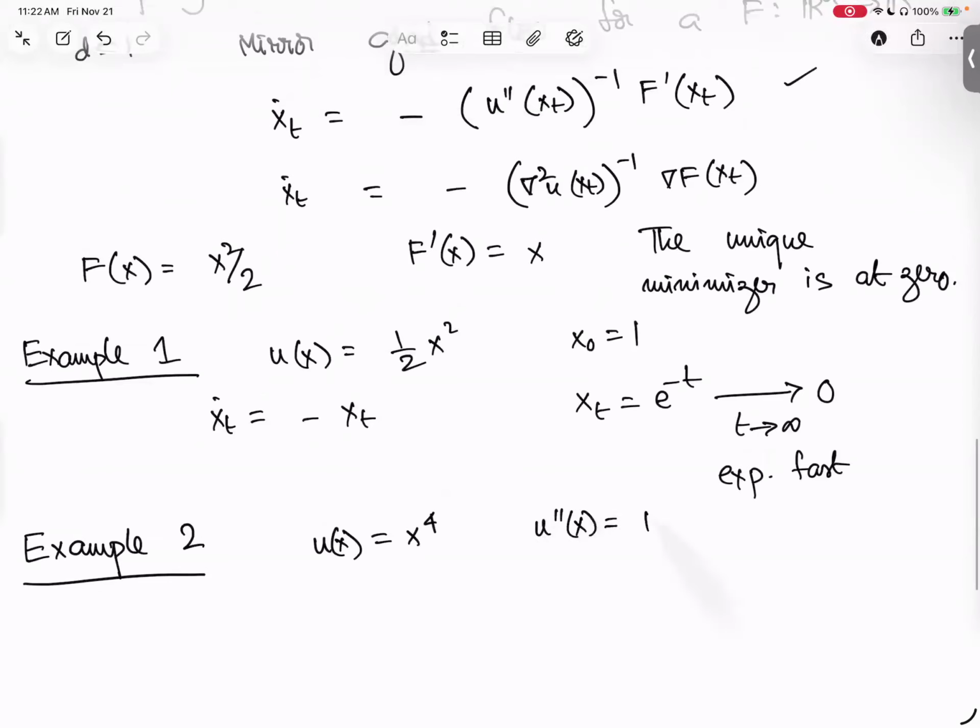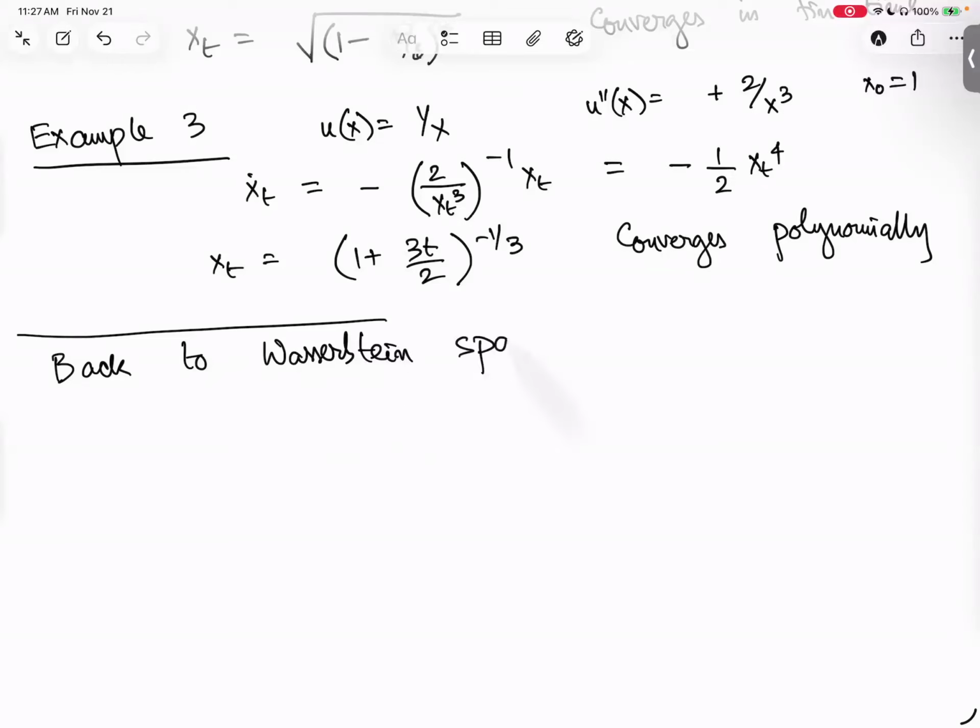Let's try to do this on the Wasserstein space. So if you're back to the Wasserstein space, take this convex function u. This is again strictly convex.